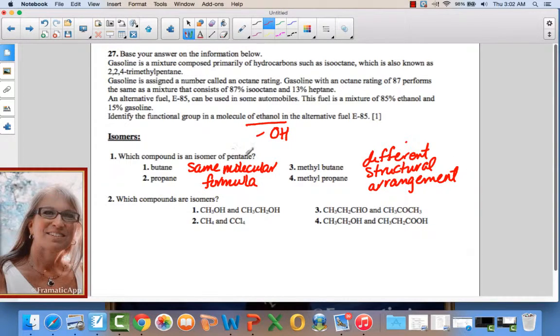So the first thing we need to know is the formula for pentane. Well, pent means 5, right? So you know it has 5 C's. And if you go to table Q, it ends in ane, so it's all single bonds. So it follows the formula CnH2n+2. So if C is 5, 2 times 5 is 10, plus 2 is 12, so C5H12. That is the formula for pentane.